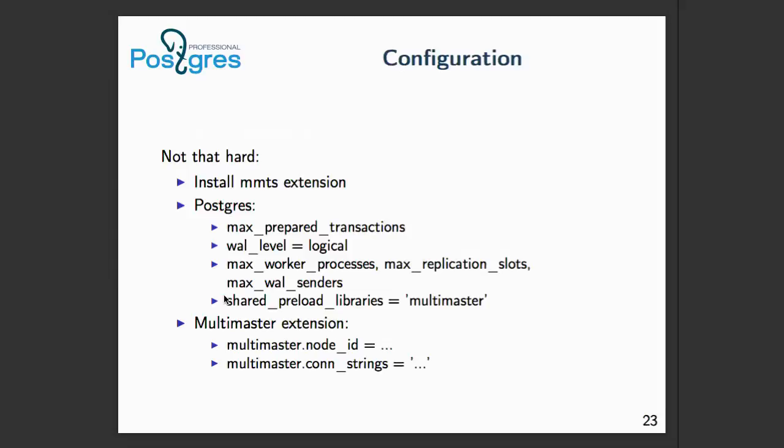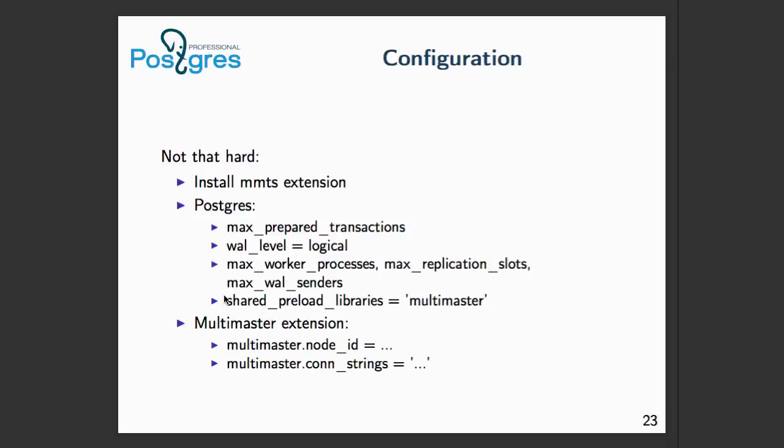So what about configuration? It's actually just about installing the extension, and we need several configuration options for Postgres to be able to execute that extension. Mostly we need to enable prepared transactions. By default, it's switched off in Postgres. We need the logical level of write-ahead logging.